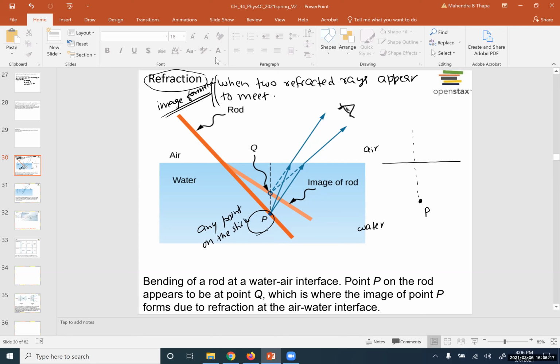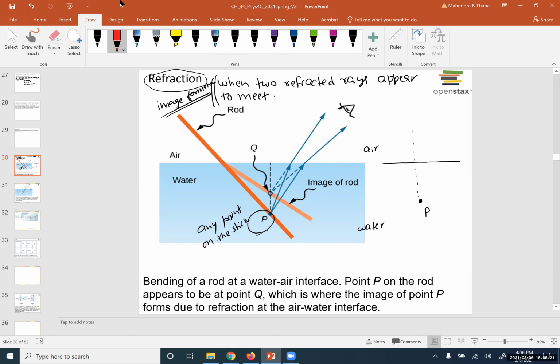So you know that to get the image, we must need two rays. So I'm taking one ray, just like this. Light is traveling from water to air, so it will bend like this. This is my one prime. If I produce back, this refracted ray will come up here.